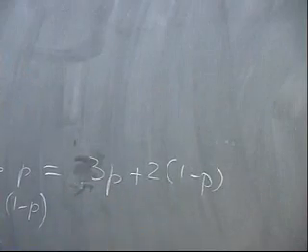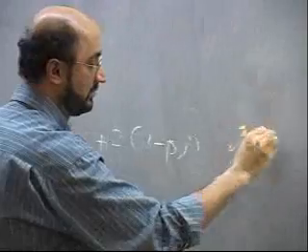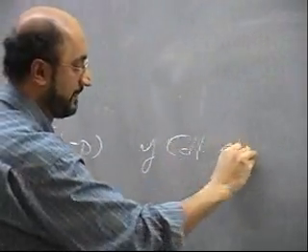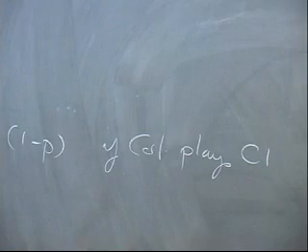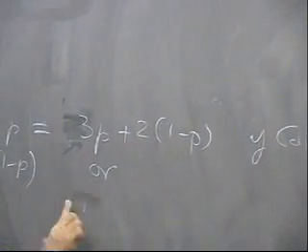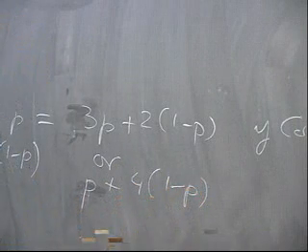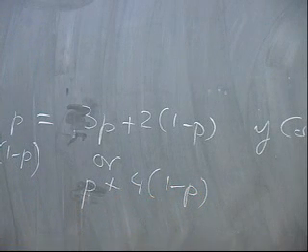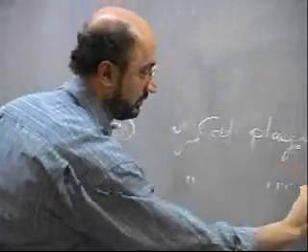And if column plays C2, row is going to get P plus 4 times 1 minus P. We can rewrite this.